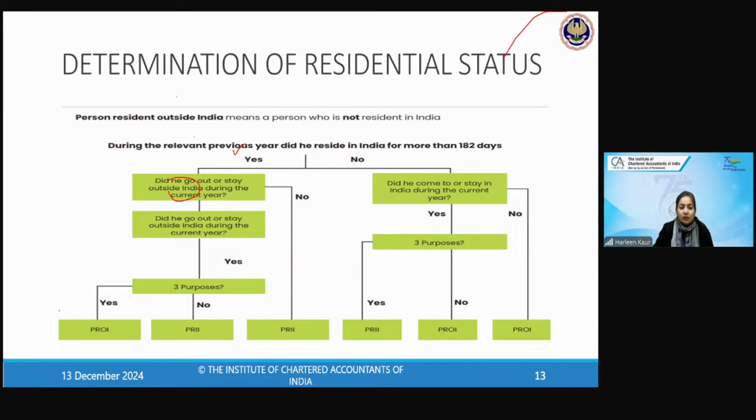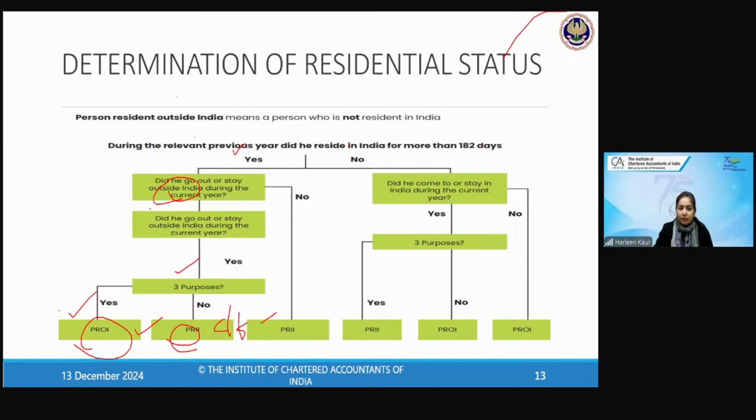Now, if I went outside India for these three purposes, then I become PRO. If I went for purposes other than these three, I remain PRI. That is my carry forward of status, whatever I was in the previous year. But if I did not go outside India, then what do I remain? If I've stayed in India for 182 days, then I remain PRI. Then there is no change in the status.